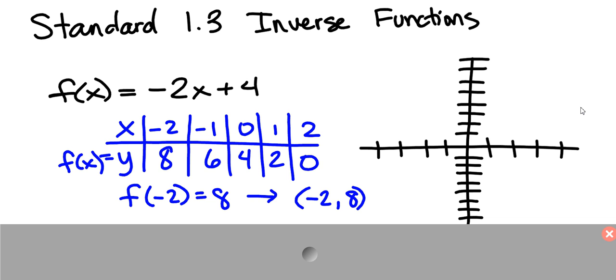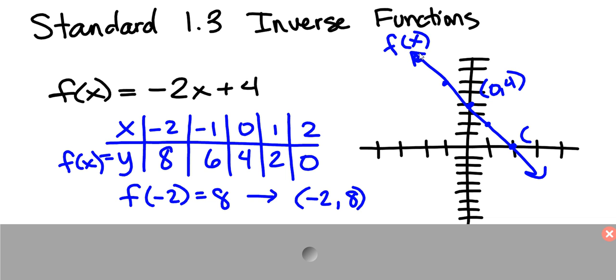I'm going to plot these points, and then I connect my line. So you're plotting your points, and let's be sure to always label this f of x. On here, I can see I've got the point 0, 4. I've got the point over here at 2, 0, just as examples for you.